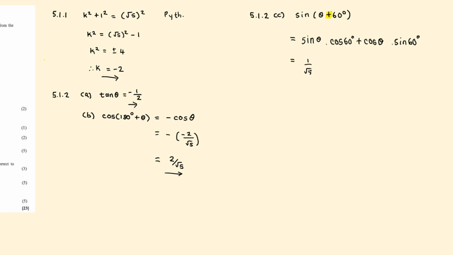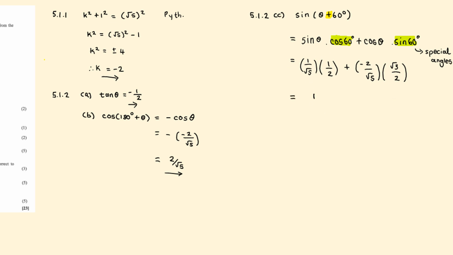Then we've already calculated the sine of theta. The cos of 60 degrees is 1/2 and the cos of theta is negative 2 divided by the square root of 5. Sine 60 degrees is square root 3 over 2. Remember, cos 60 degrees and sine 60 degrees are both special angles, and these are values that you should already know.